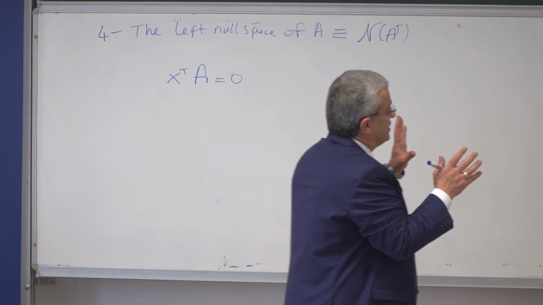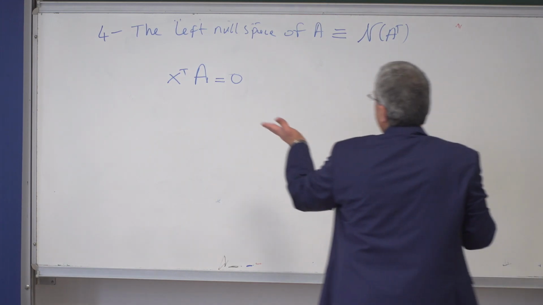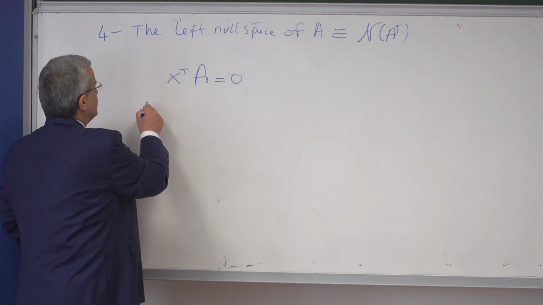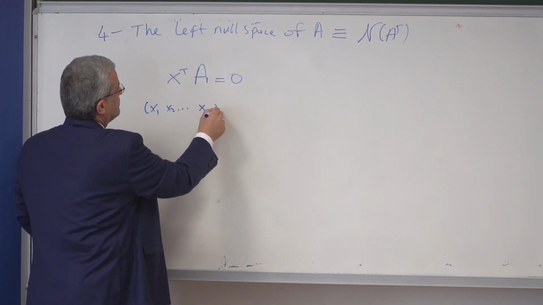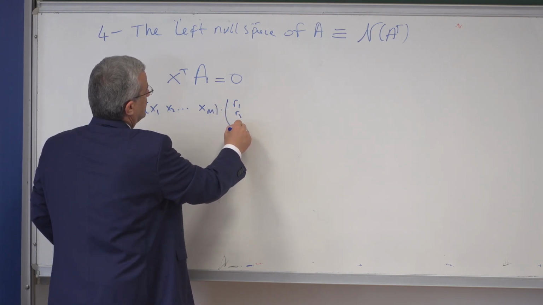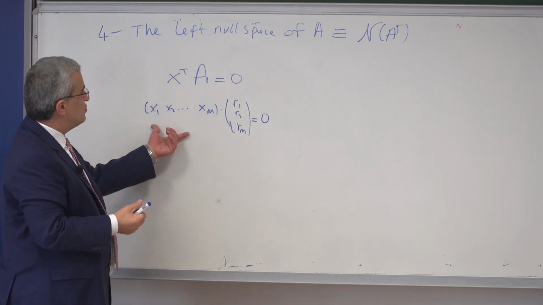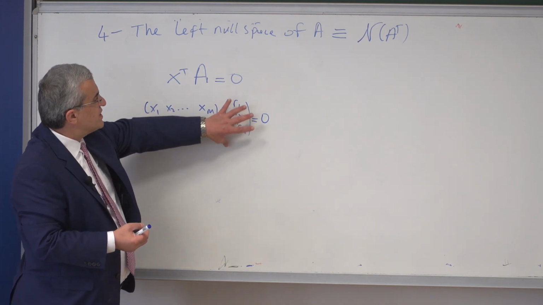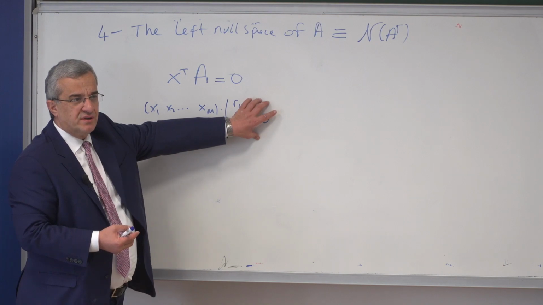Now we talk about the left null space of A. This is spanned by what? x1, x2, through xm times row 1, row 2, row m, equal to 0. So you find vectors that are eaten by this matrix. When you multiply them with this matrix, the result is 0, okay? So that's the null space.